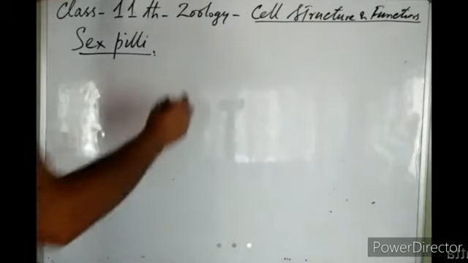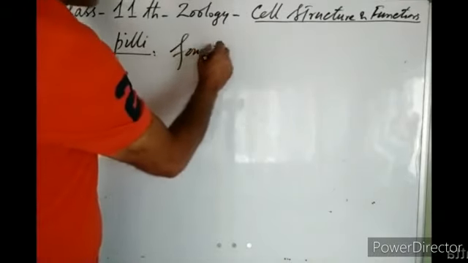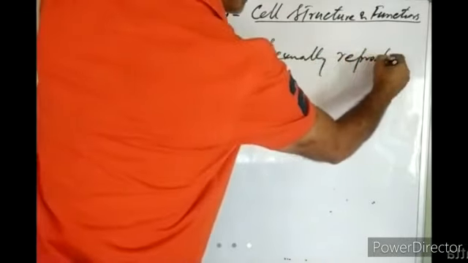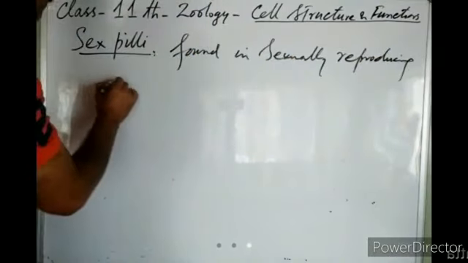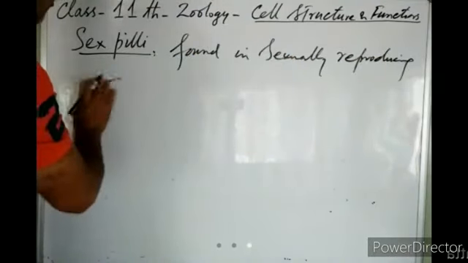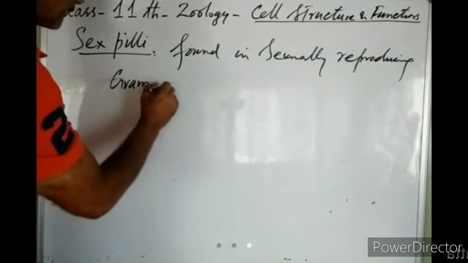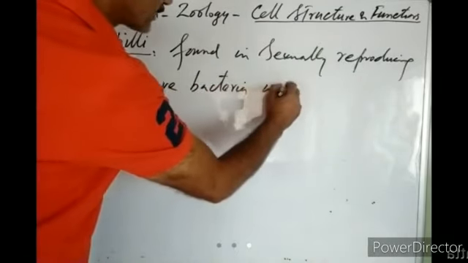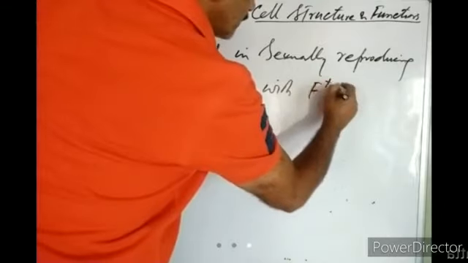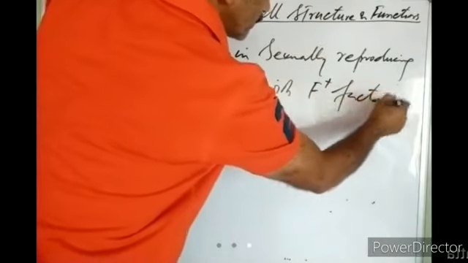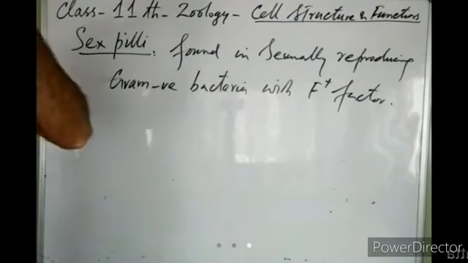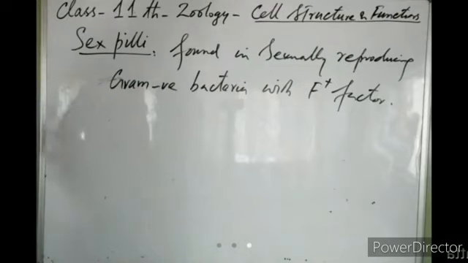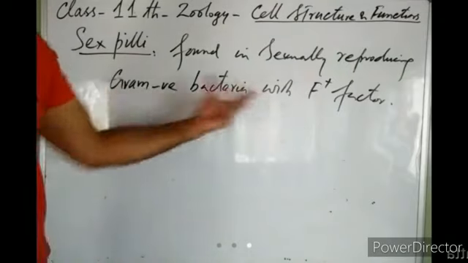These sex pili are usually found in sexually reproducing gram-negative bacteria with fertility factor. So those gram-negative bacteria which have got fertility factor in them develop these sex pili.